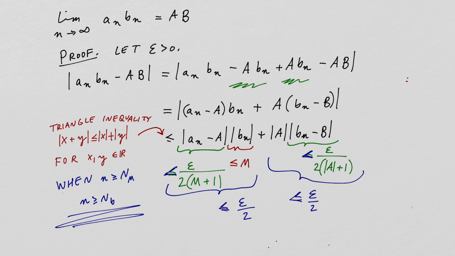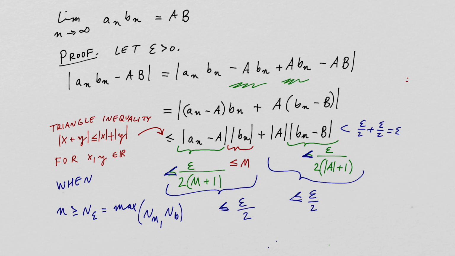Then we can have here a strict inequality, like this. So the expression is at most epsilon when n is larger than some limiting index. So our proof is complete.